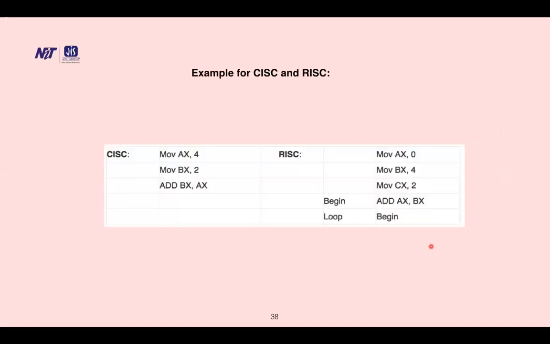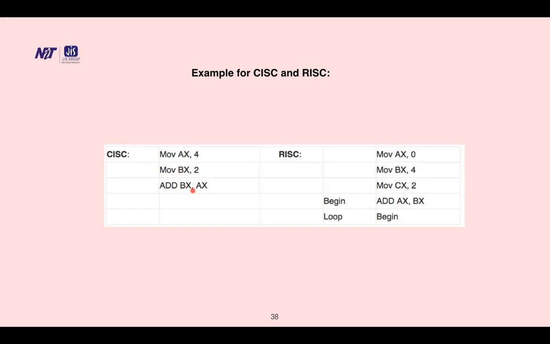So this is an example of how the CISC and RISC standards are used. For instance, in CISC it is shown as move AX, 4, move BX, 2, add BX, AX, whereas the same program can be written in a RISC system as move AX, 0, move BX, 4, move CX, 2, begin add AX, BX, loop begin.